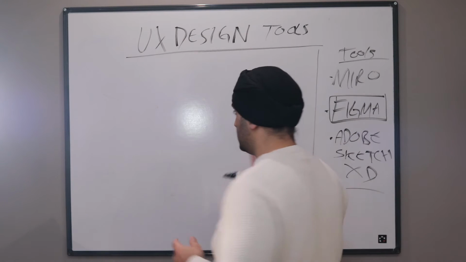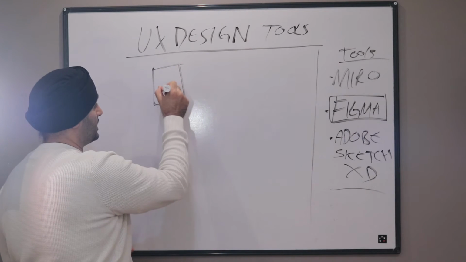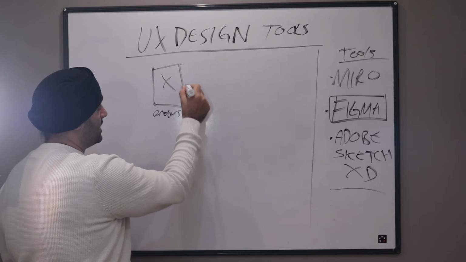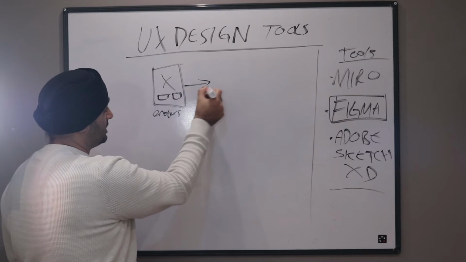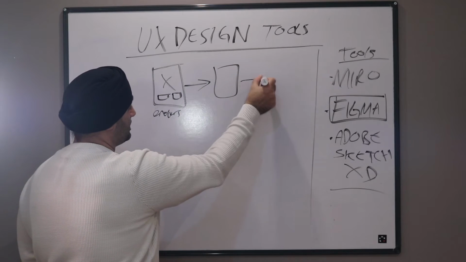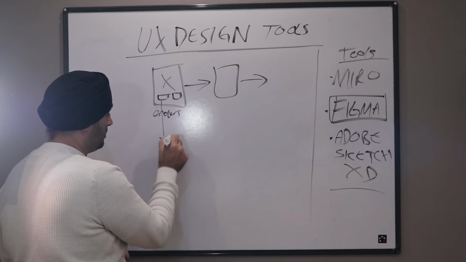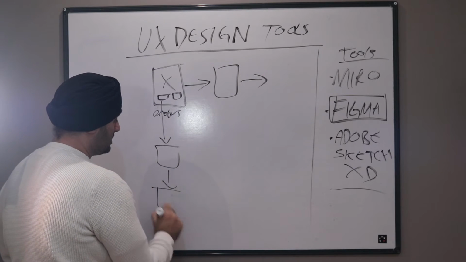So understanding a user flow is understanding, okay, so the user enters on this page, and then there's two buttons, and if they click on this button they go here, then they go here. But if they click this button, they might go here, here, right?